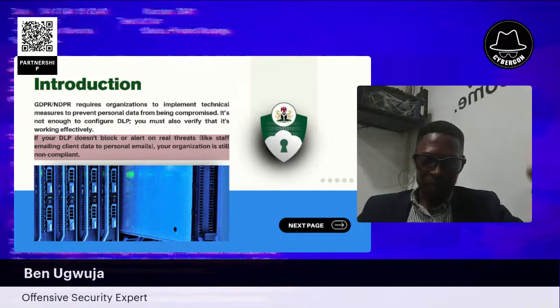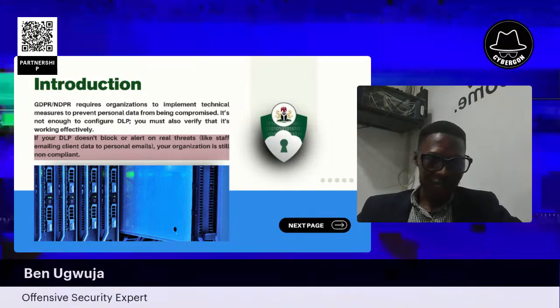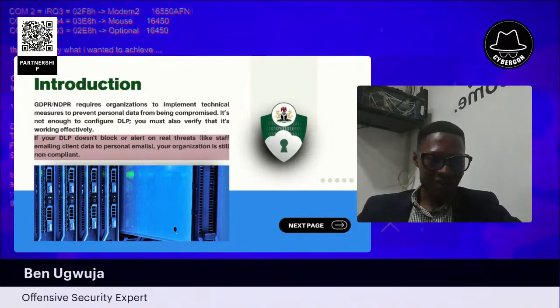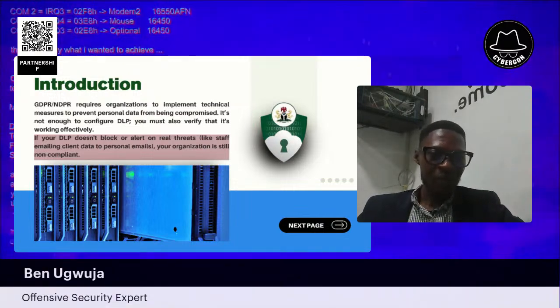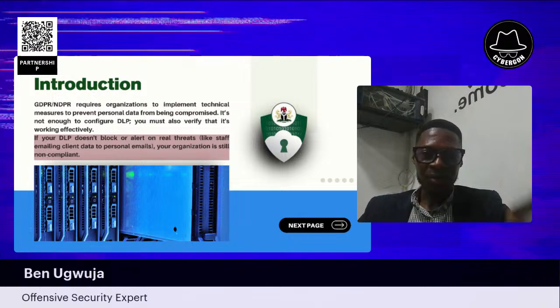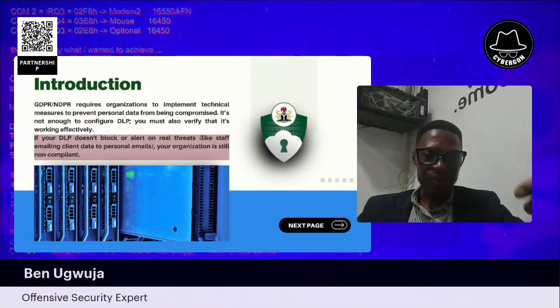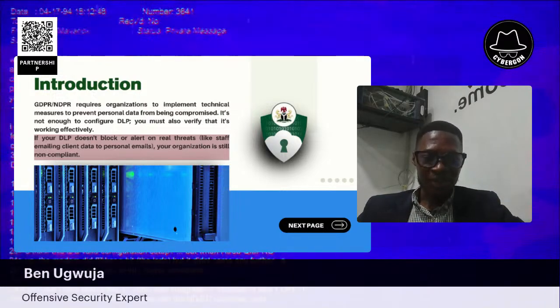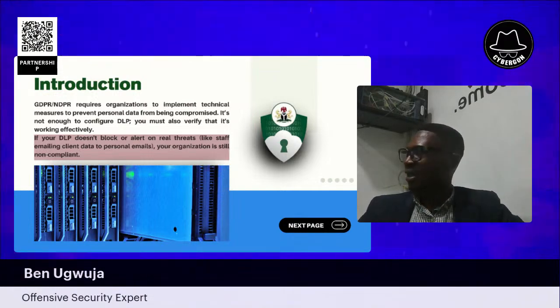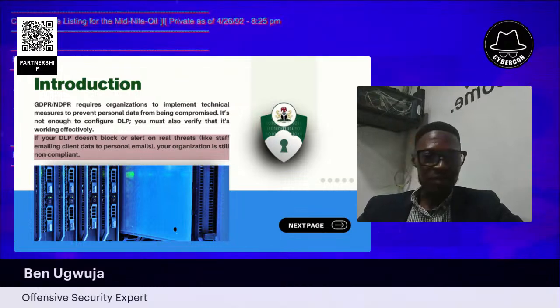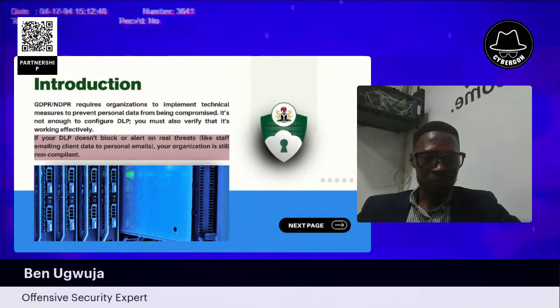It detects malicious activity and blocks it, depending on how you have implemented or configured it. For example, if you have configured it so that when a staff member is trying to upload a sensitive file to Dropbox or Google Drive, it should detect and block. That is what it does.